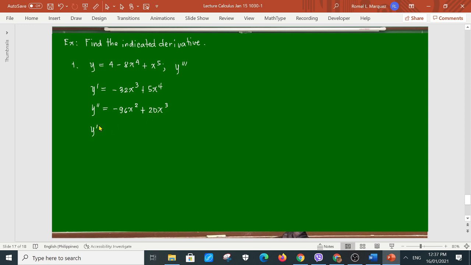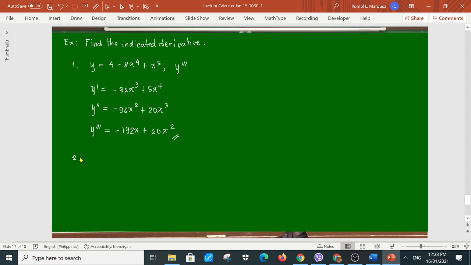Finally, that's the third derivative. This is what we're looking for. So, what is 96 times 2? 192. So negative 192x plus 60x squared. That's it. If you want, you can write that in factored form, but the expanded form is alright.